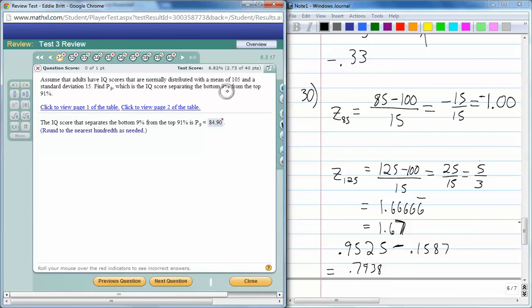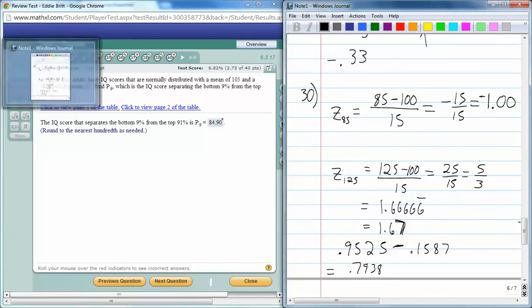This mean is just a little different. Okay, mean of 105 and a standard deviation of 15. Find P sub 9. Oh, remember our friend Mr. Percentile. So we want to find the 9th percentile. That's the IQ score separating the bottom 9% from the top 91%.